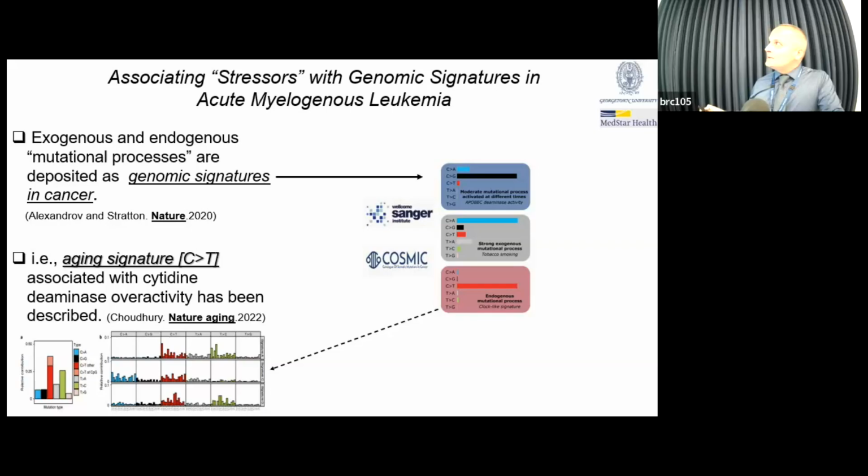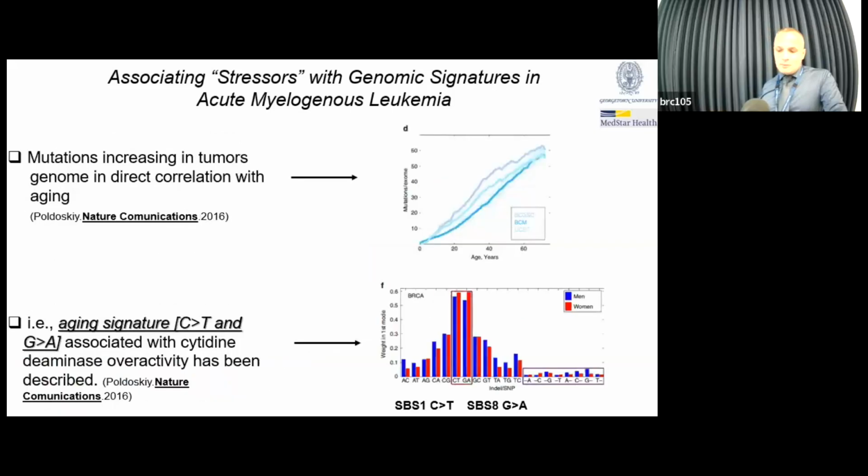And you can see six more signatures. Again, this is all work from the Sanger Institute in Cambridge. The mutations accumulate with life, right? As we get older, more mutations happen, suggesting that clonal hematopoiesis might retain part of these genomic fingerprints. Recently we found this signature, very well described, CT and GA, in breast cancer of older patients.